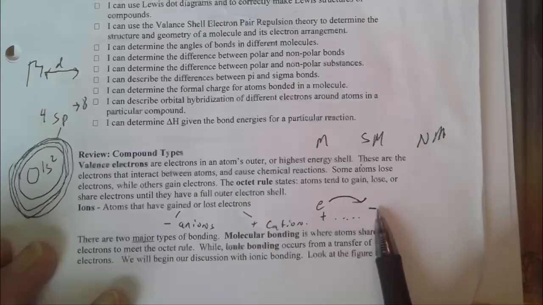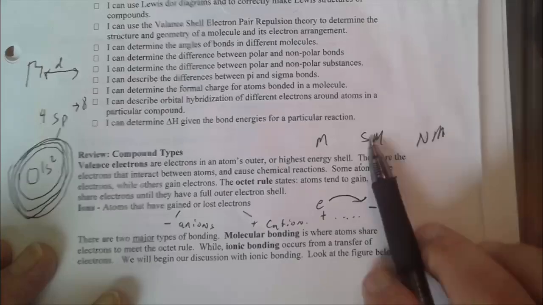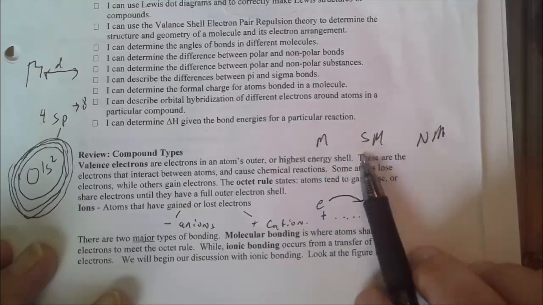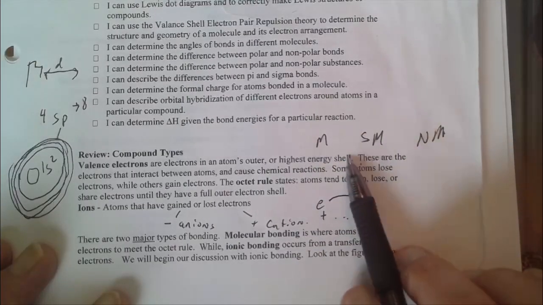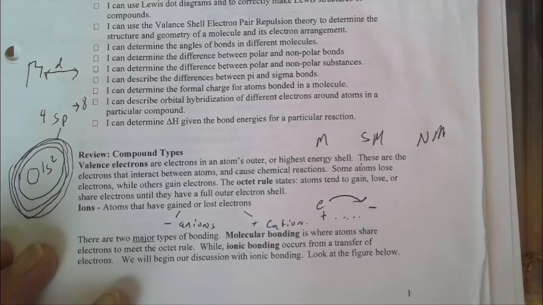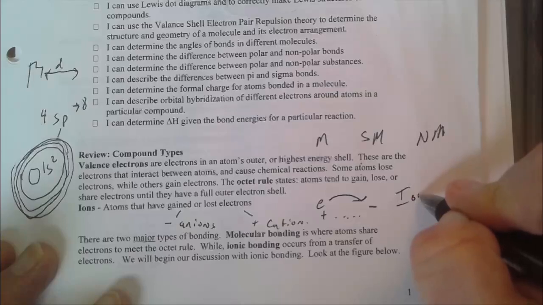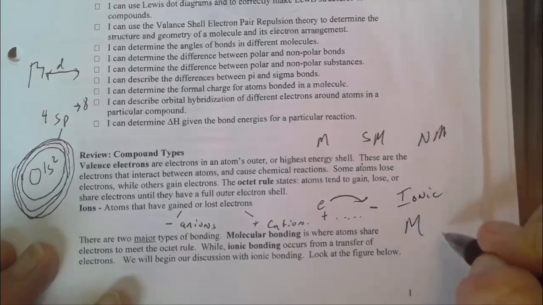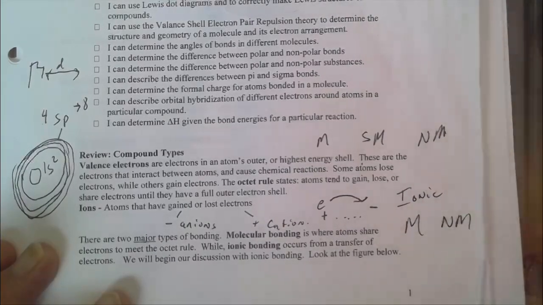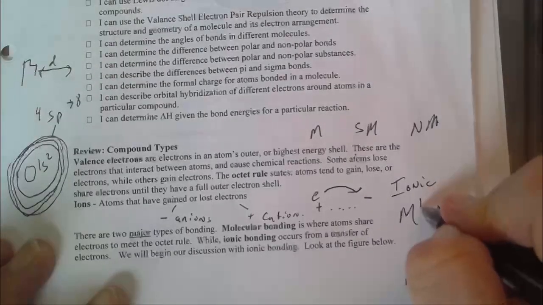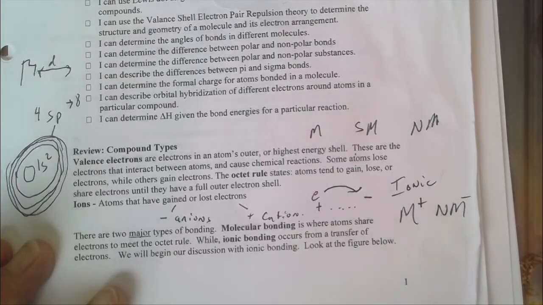Nice. And the negatives are going to be who? Anybody? Non-metals, right? That's why an ionic compound is a metal with a non-metal. The metal is positive, the non-metal is negative.